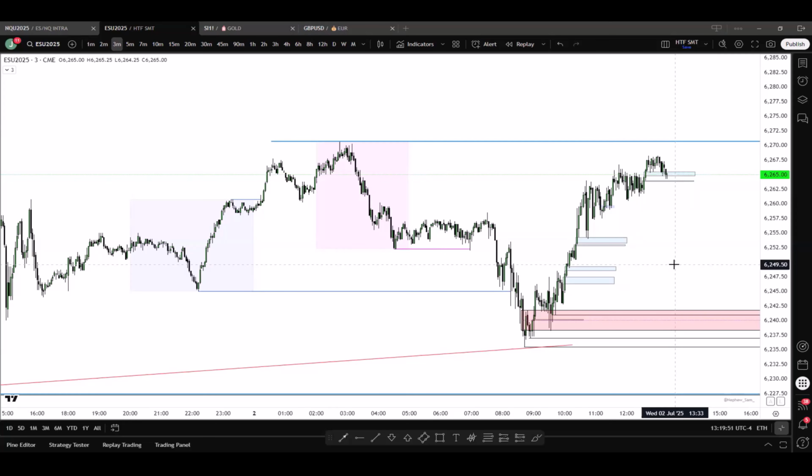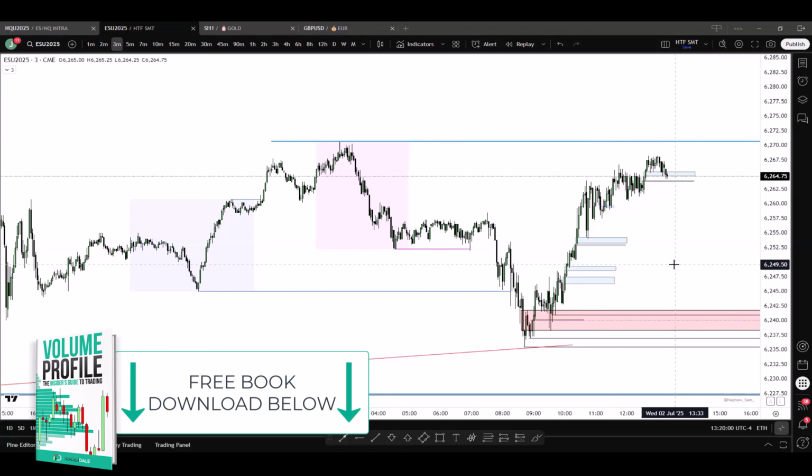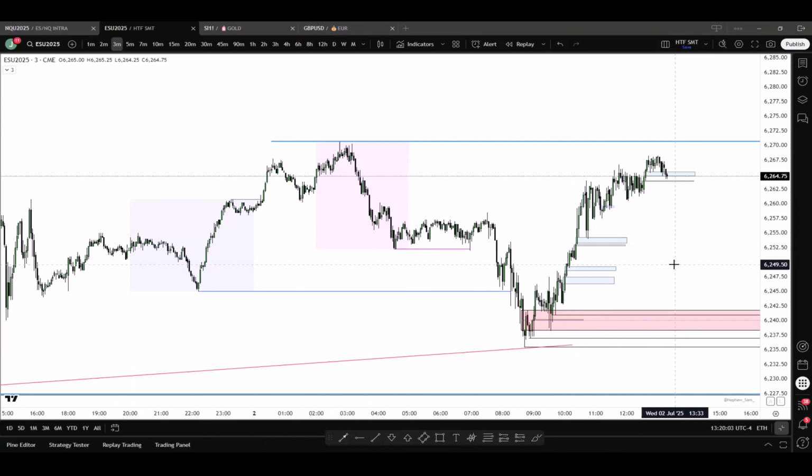If I'm going from point A to point B, as long as I'm leaving from the right place and as long as I'm heading in the right direction, it doesn't really matter if when I pull out of my driveway I accidentally make a right or a left. I may have to just go around once, but I'm okay because I'm still leaving from the correct area. So if you're trading from key areas and correct areas and the right areas, and you have the right draws on liquidity, you're going to be rewarded no matter what you do.